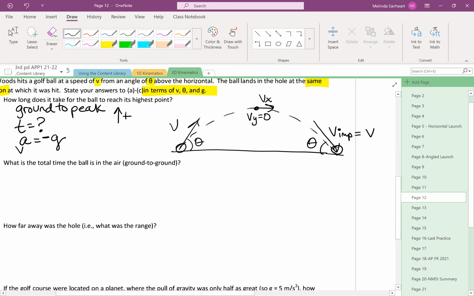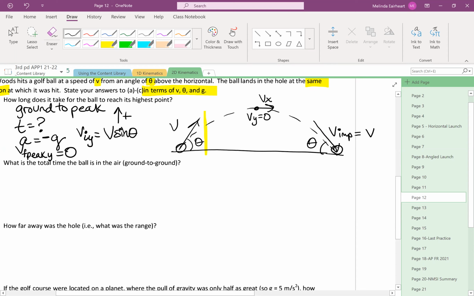And so the final at the peak and the vertical, 0. What about initial? Vertical. It's not V, because that's at an angle. You can't put a hypotenuse with my vertical information. And so we want to use the vertical component, which is opposite. And so it's hypotenuse V times sine theta.